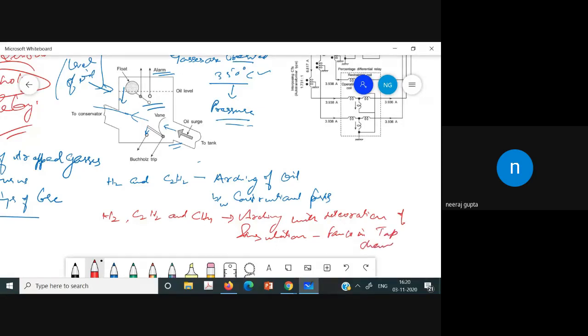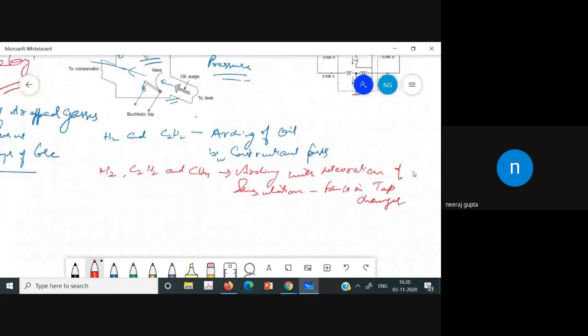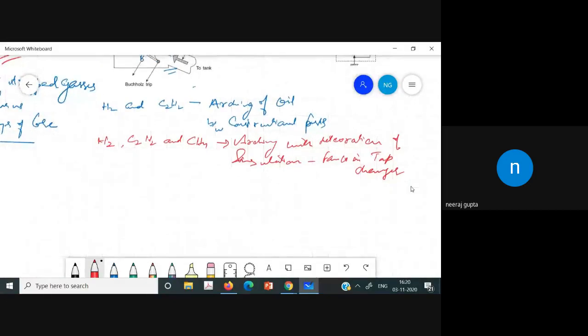Fault in tap changer. Now, if the gases are of another type, in that case, the hot spot is in the core joints.